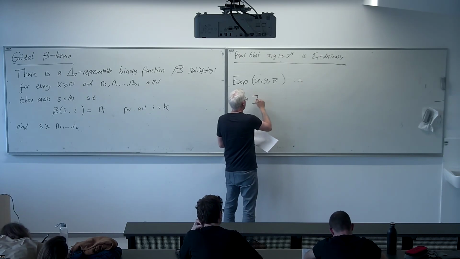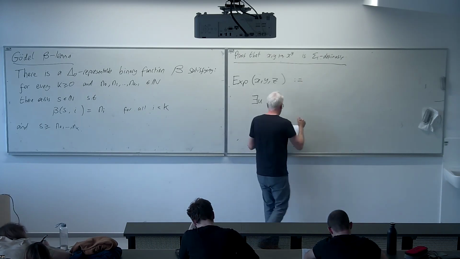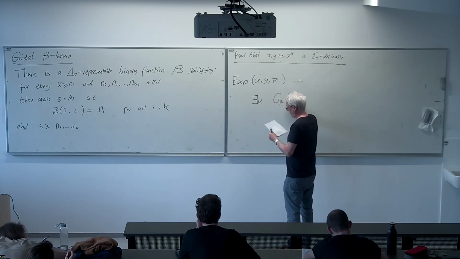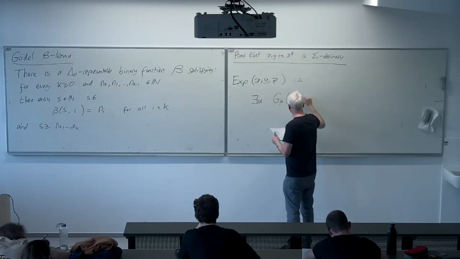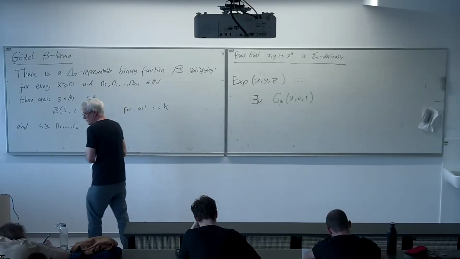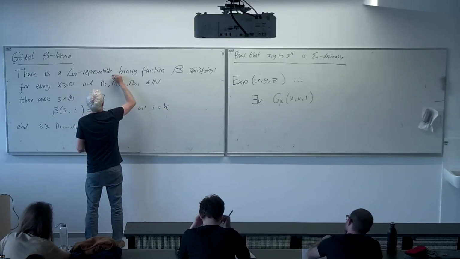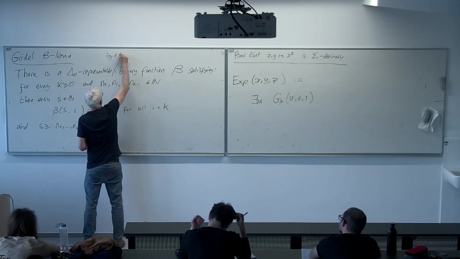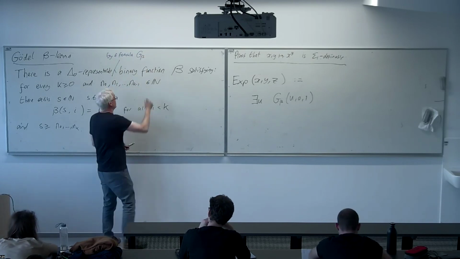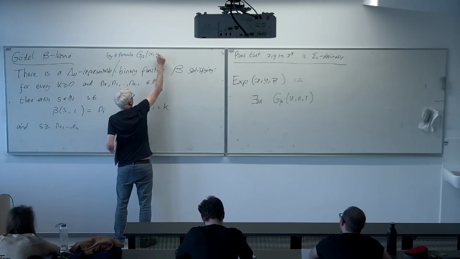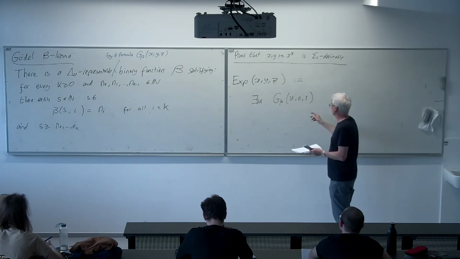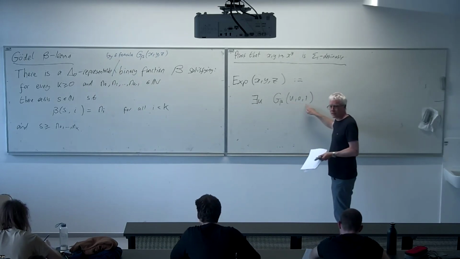It is: there exists a U such that G beta of U, 0, 1, where G beta is the delta zero formula that represents the beta function, G beta x, y, z. So this is saying beta of U 0 equals 1.